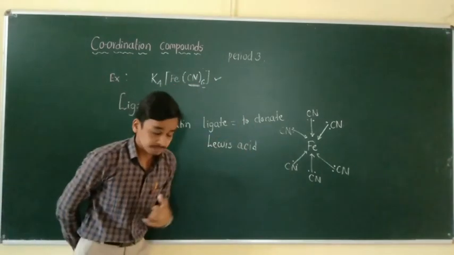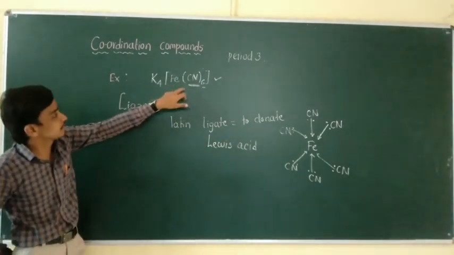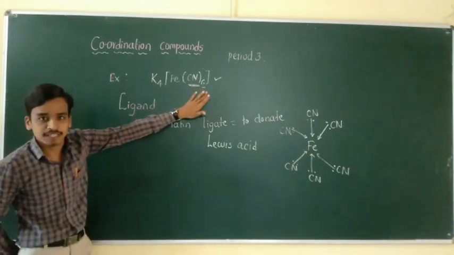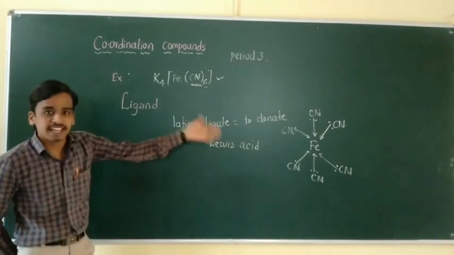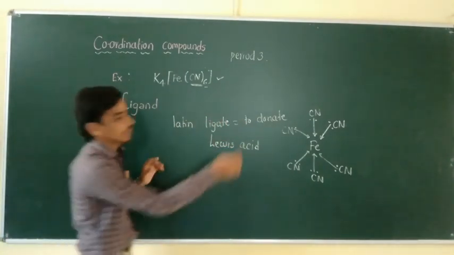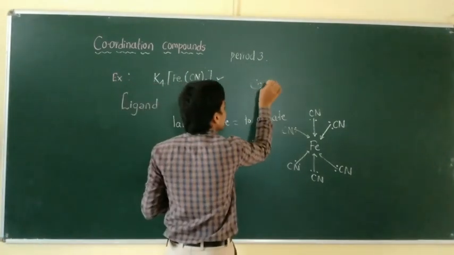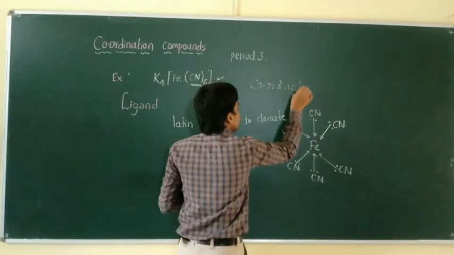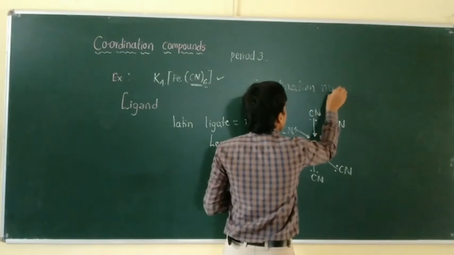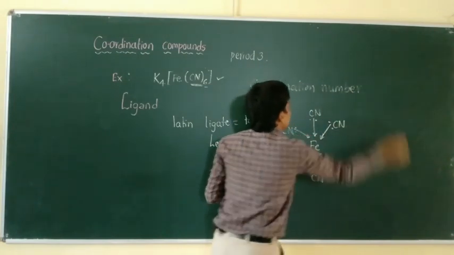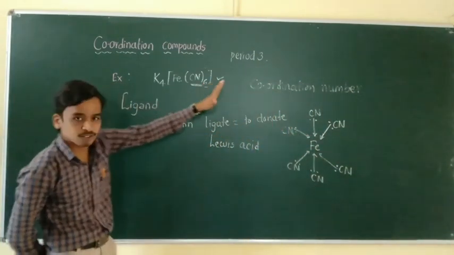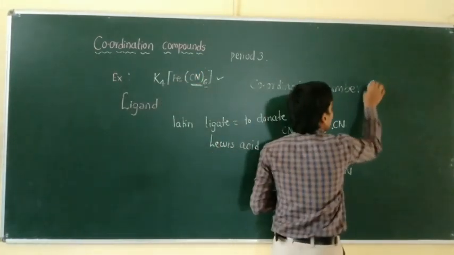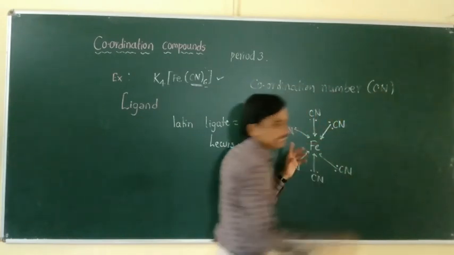Next we are going to study the types of ligands and the classification of complexes. But after the concept of ligand, another point to identify is the coordination number. It is one of the important factors in complex studies, and in short it is called the CN number.